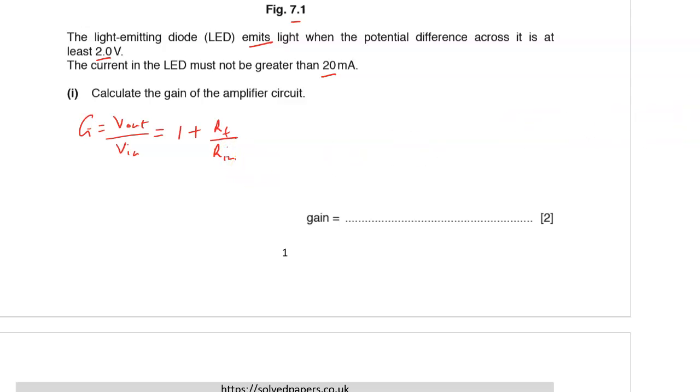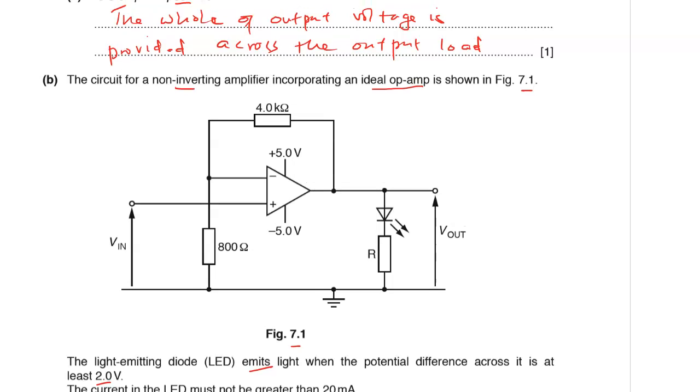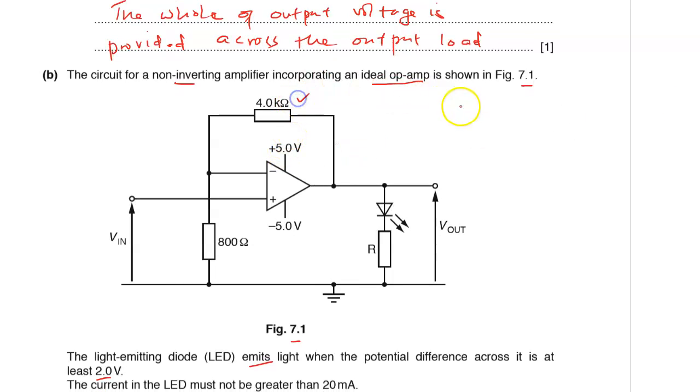In this case, our RF, the feedback resistance, is this one, 4000 ohms, and our R in is this one.